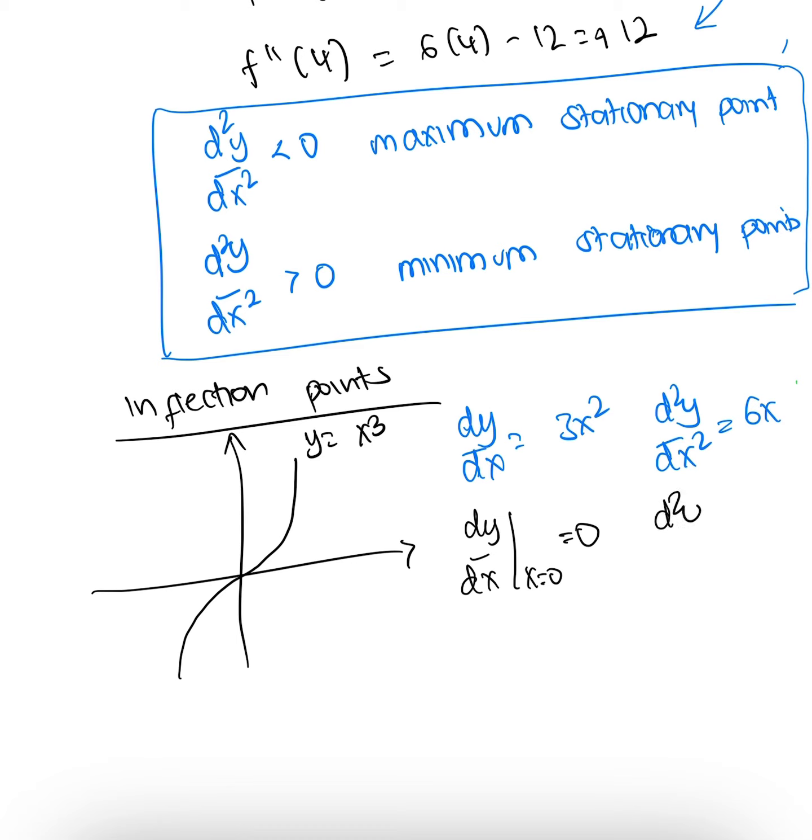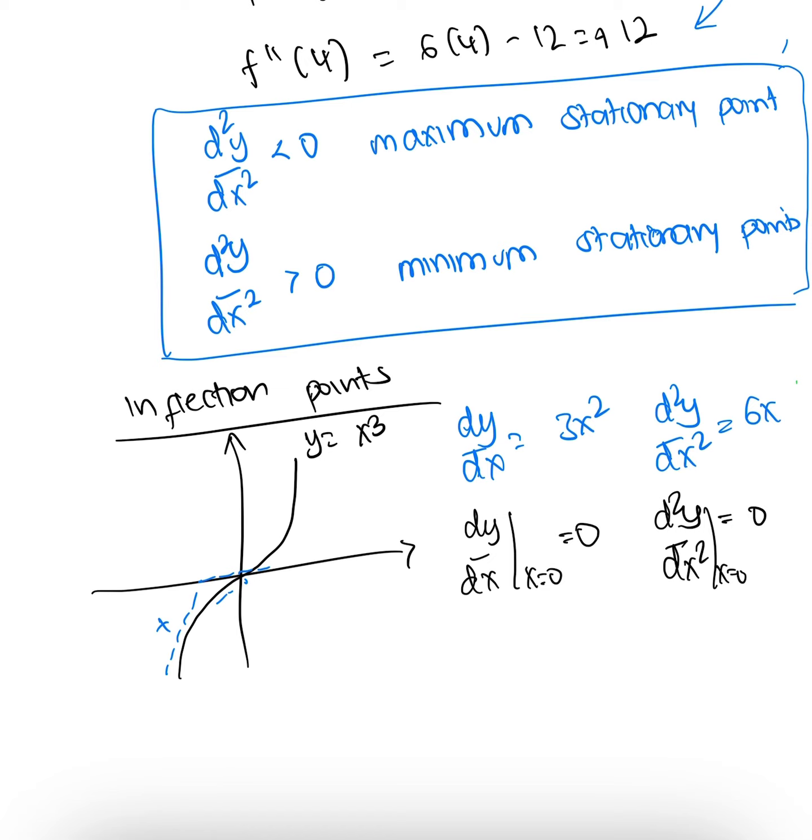Well, if you look at d squared y over dx squared at the point where x equals 0, this is 6 times 0, it is also 0. So it's neither positive nor negative. So you can see here what is happening. We are starting with a gradient that is positive, and then it continues this way. It kind of slows down and in fact ends up with a tangent where at the point of origin here, the gradient is 0.